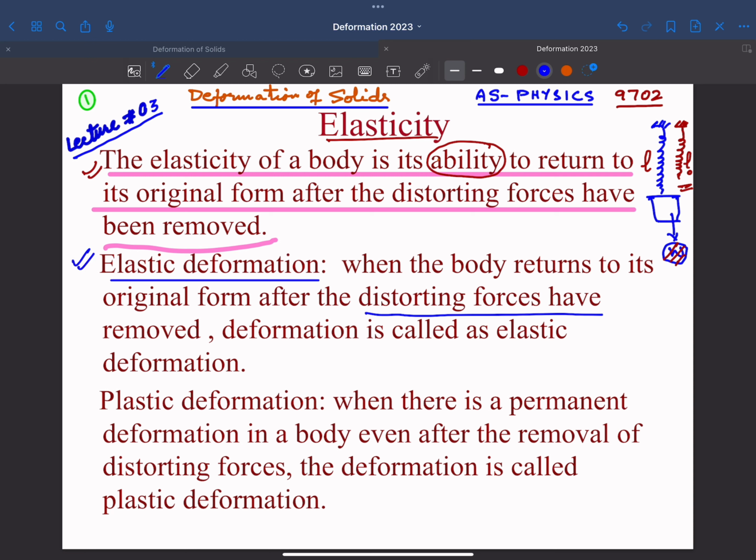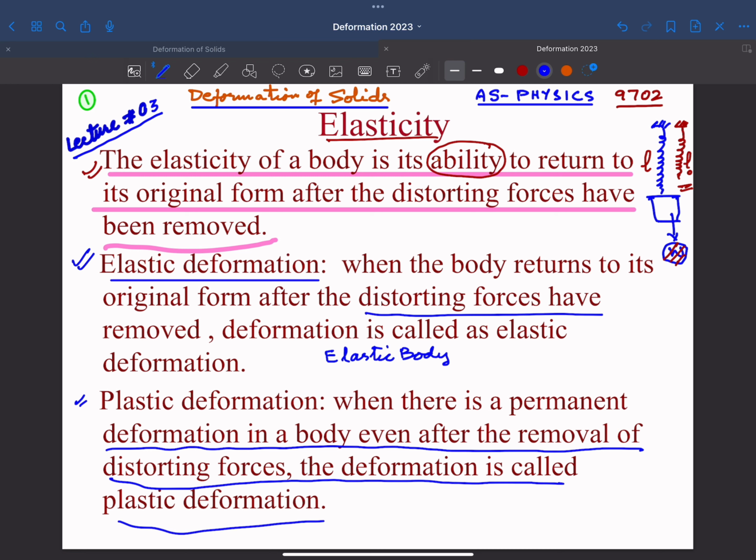Yani the deformation in the body is called elastic deformation, and the body is of course the elastic body. But on the other hand, if after the removal of the deforming force the body is not going back to its original shape, then you will say that the deformation is plastic deformation and the body is a plastic body.